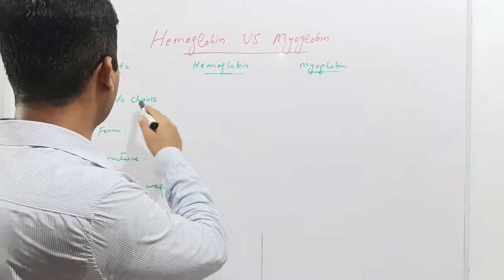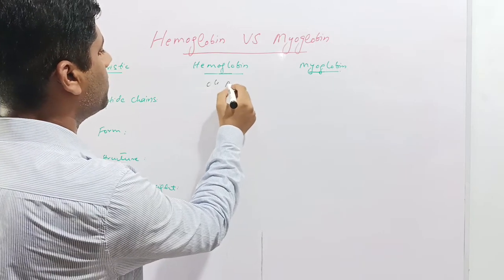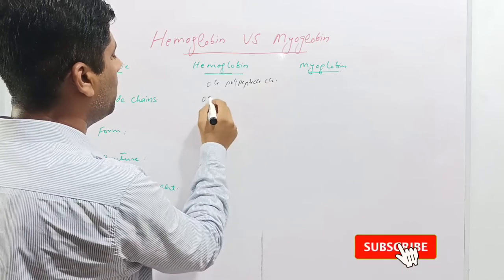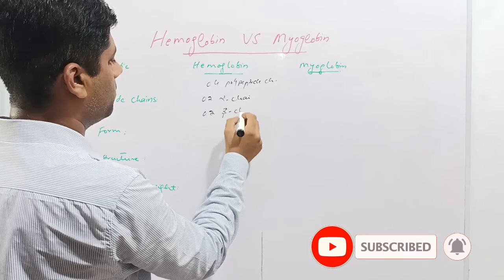Next difference is the polypeptide chains. Hemoglobin comprises 4 polypeptide chains. There are 2 alpha chains and 2 beta chains.